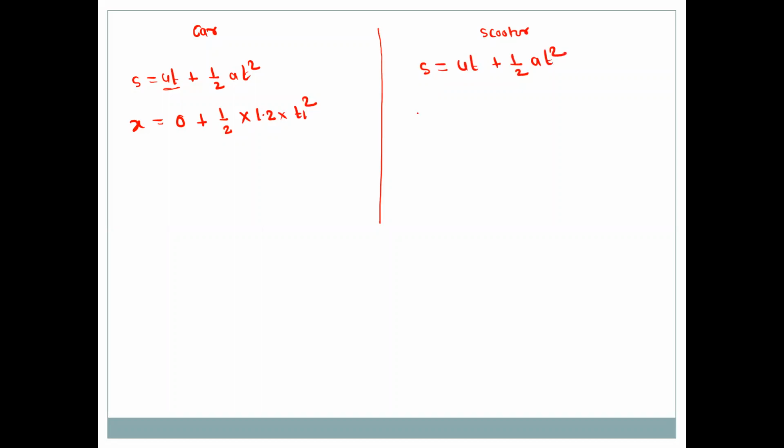So displacement s is equal to 300 minus x. Initial velocity is equal to final velocity, which is 10 meter per second. Time t is t1, plus for the scooter the acceleration value is 0 because it has constant velocity, so this total term is 0.